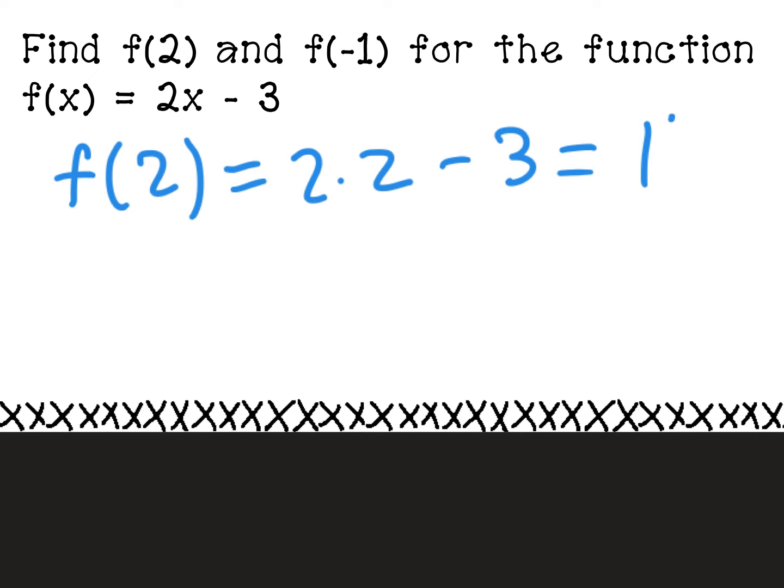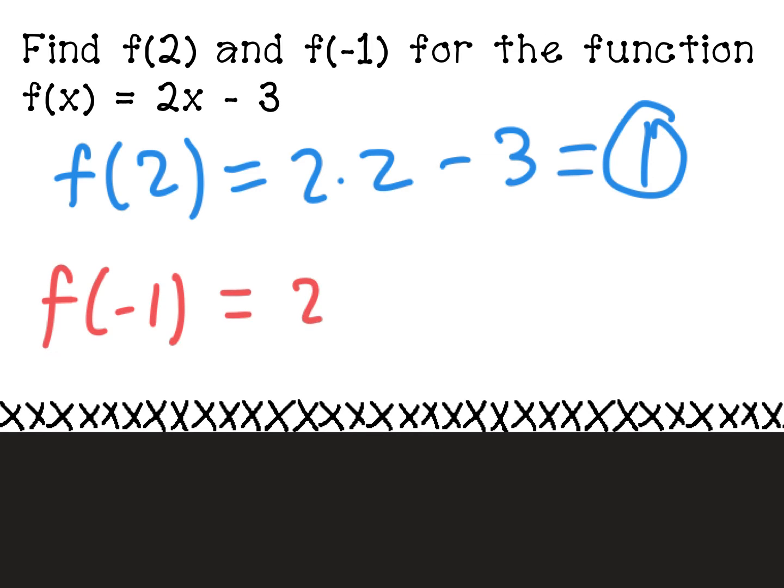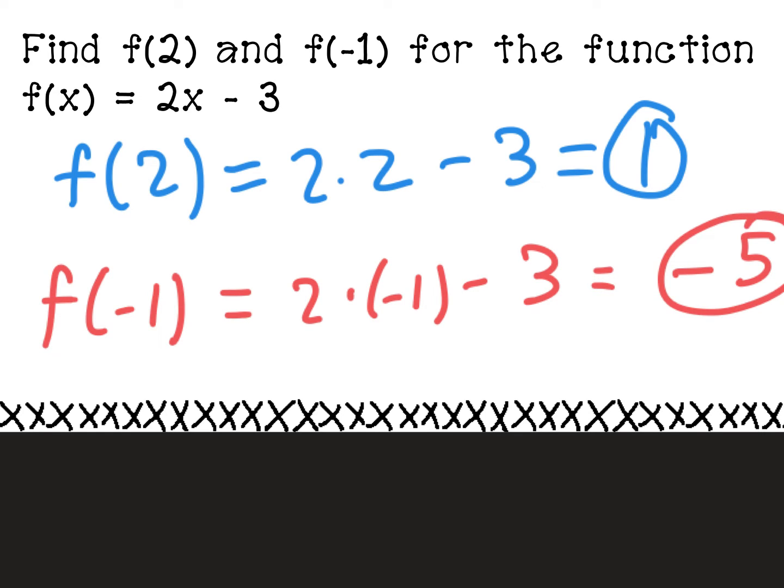F of 2 is 1. Now let's try f of negative 1. Well, 2 times negative 1 is negative 2, minus 3 is negative 5. This means that f of negative 1 is negative 5.